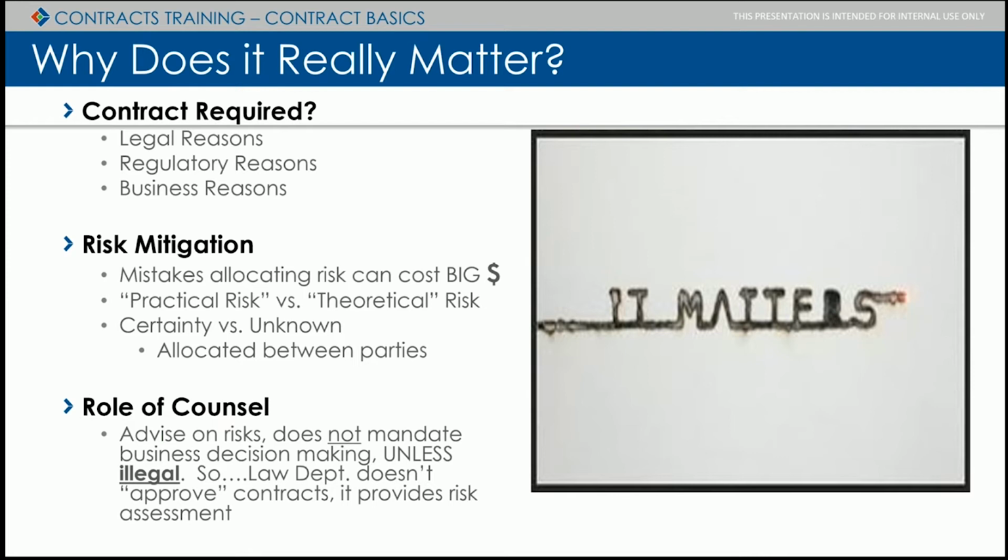Why does it really matter, though? What's the nitty-gritty? Legal reasons, obviously, but there are regulations that we need to follow. Business reasons: we lock down contracts so that we can look ahead to see our expectations in terms of the work we have under contract.